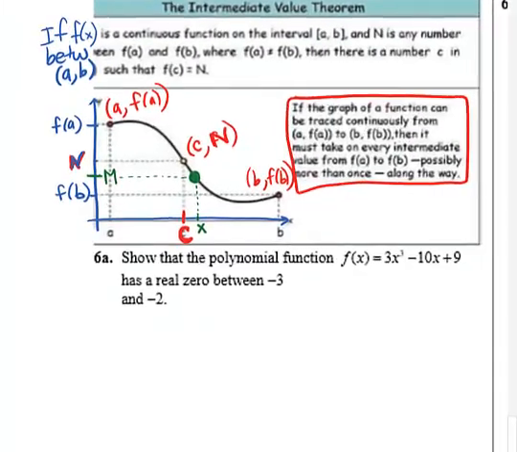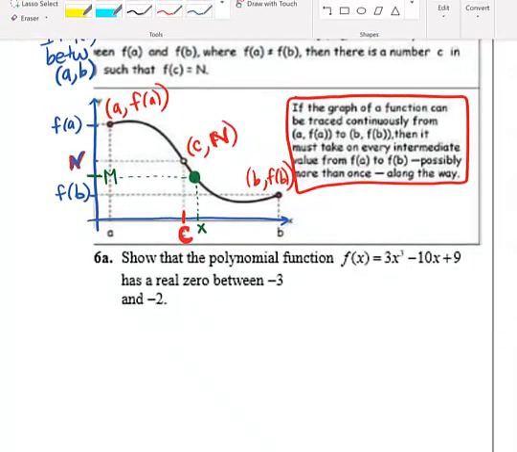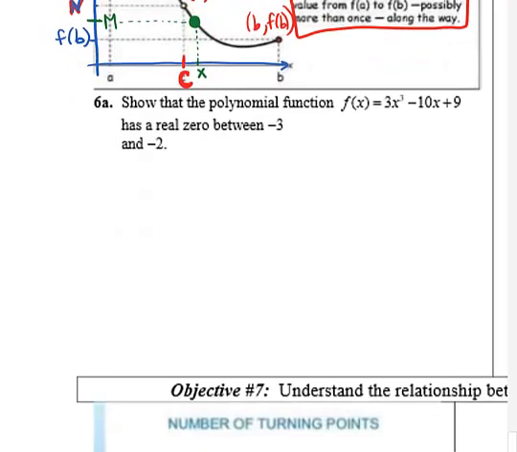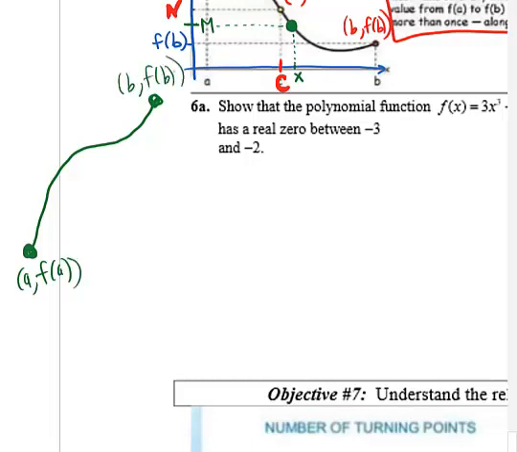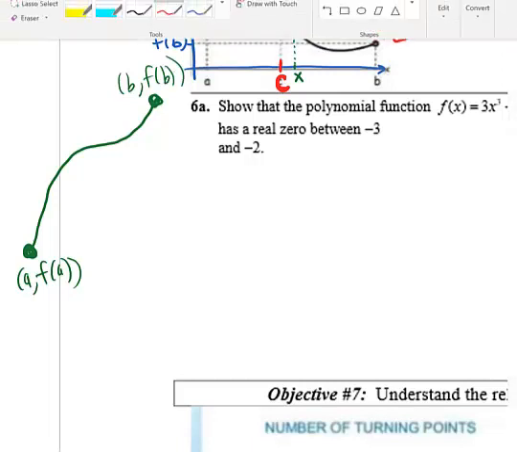There's kind of a lot going on in that graph, so just to draw a picture, it doesn't have to look like that, it could look more like this. So here's a, f of a, that's one point, and then here's b, f of b. And then there's some y value that I like somewhere in the middle.